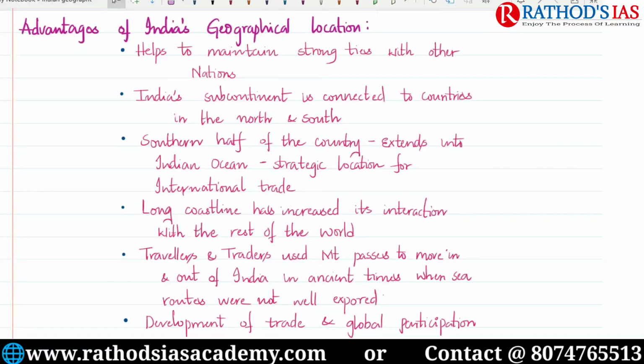So first, India's strategic location mainly helps to maintain strong relations or strong ties with other nations, because we share a direct boundary with 7 nations, and we also share a maritime boundary with 2 nations, Sri Lanka as well as Maldives.